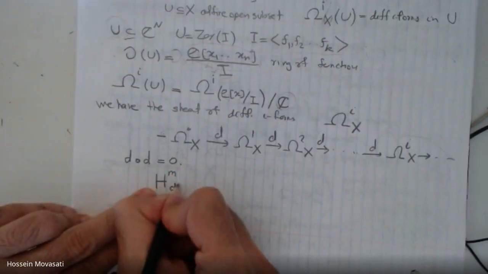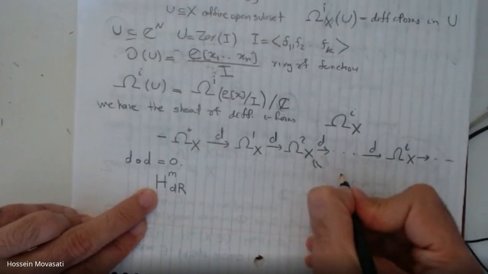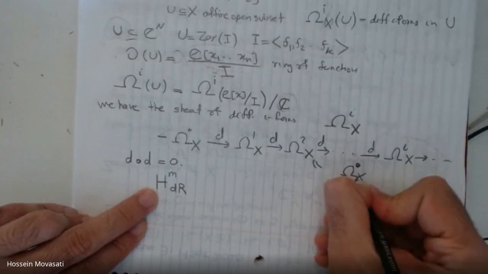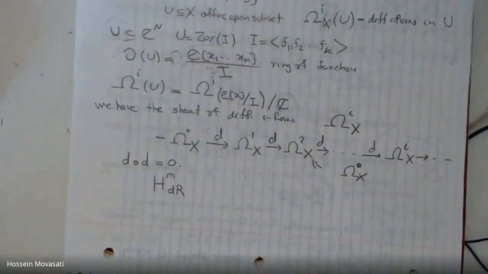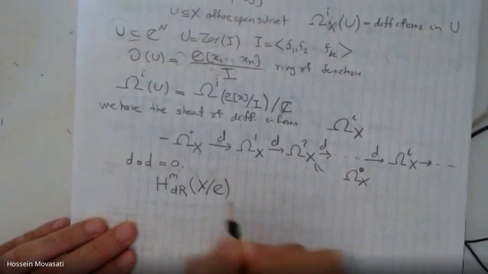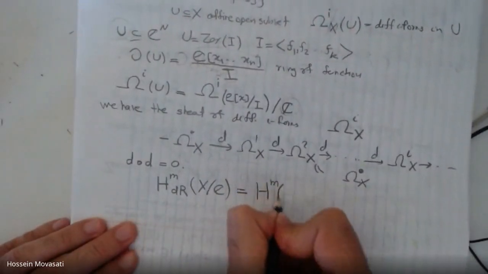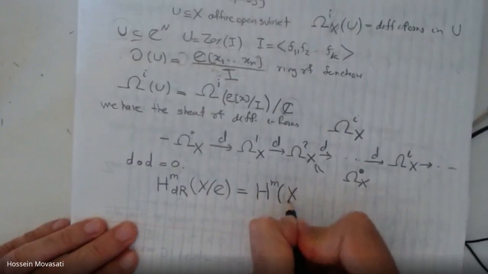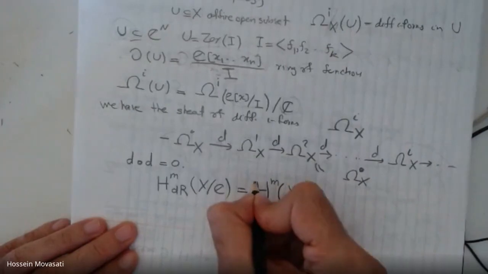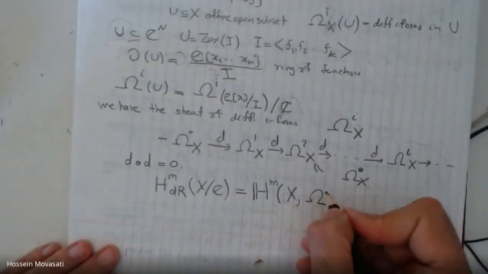H^n de Rham. We abbreviate this complex as Omega^bullet_X to say that we have a complex. H^n_dR(X/C) is just the hypercohomology of X of this complex, and for hypercohomology you use this H with an extra line.